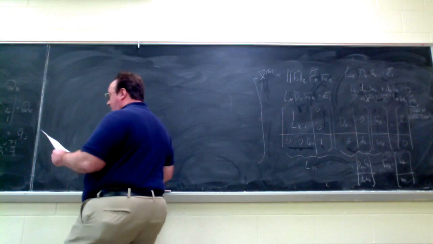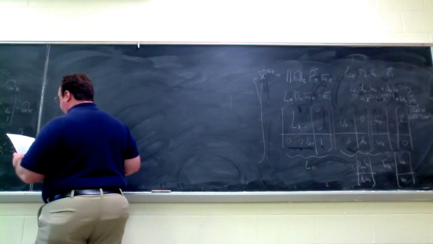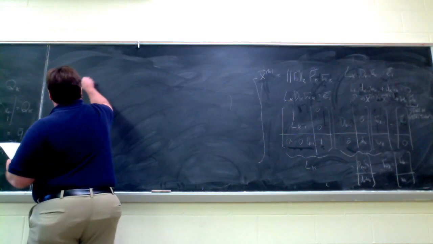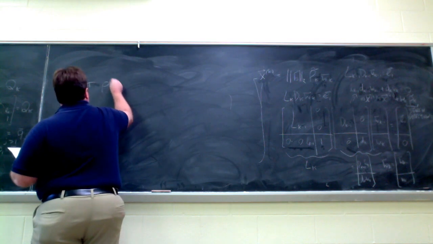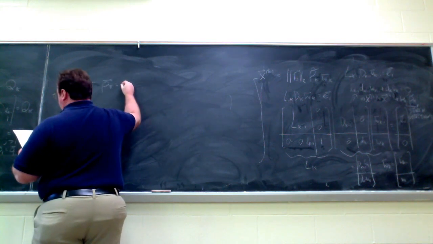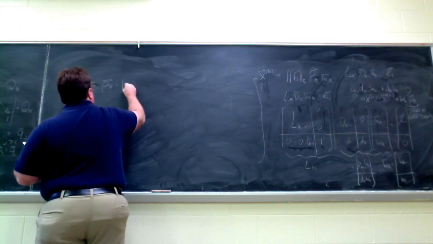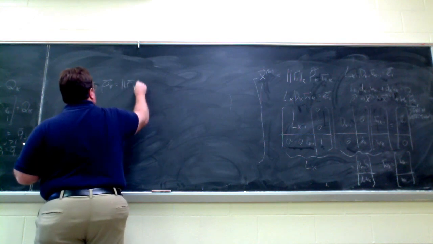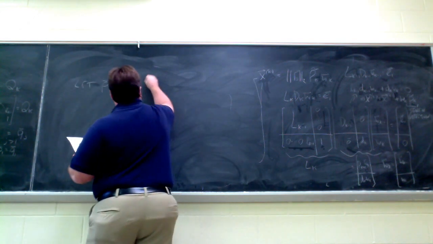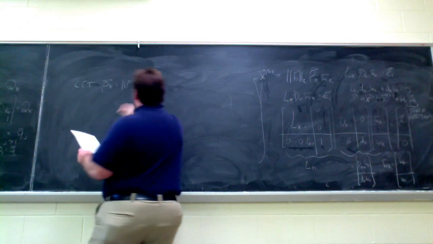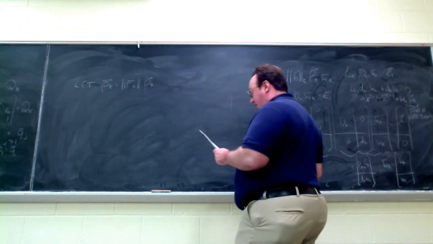We just normalize things a little differently. So I'm going to let P_k, no tilde, be equal to the norm of r_k times P_k tilde. So I'm just renormalizing things.